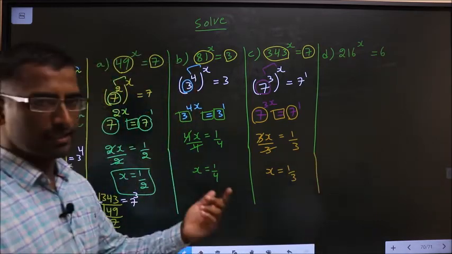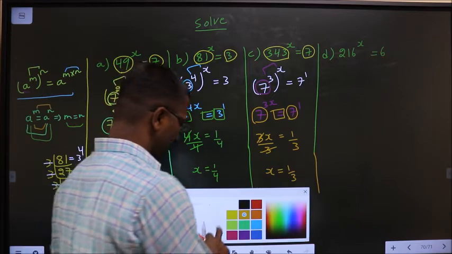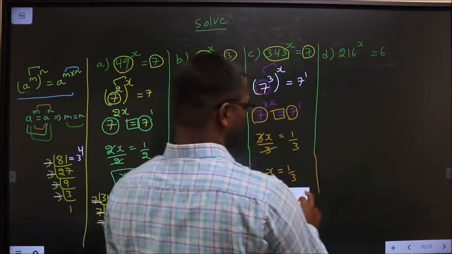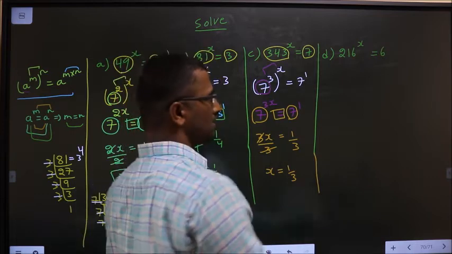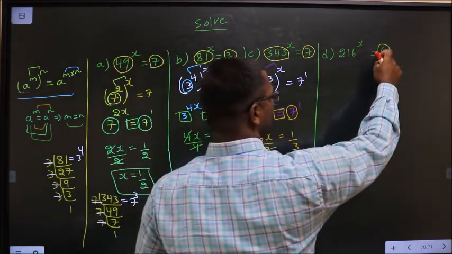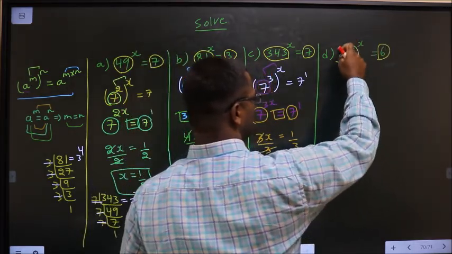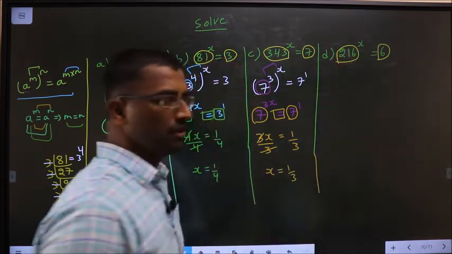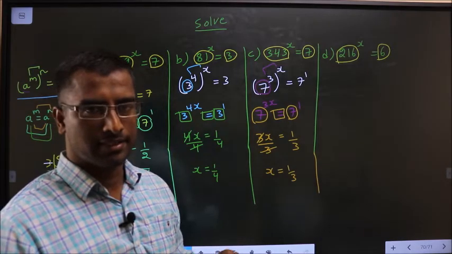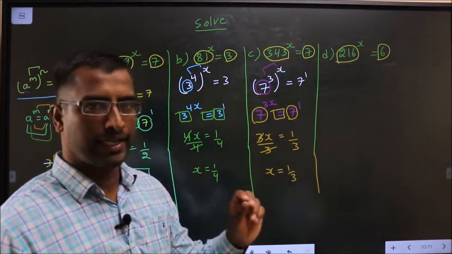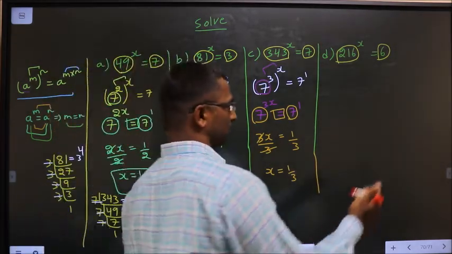Okay. Now the next one. 216 power x equal to 6. So here your observation is the base is 6 here and the base is 216 there. So let us rewrite 216 also with the base 6. For that we take LCM of 216.